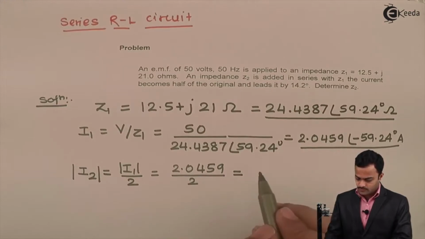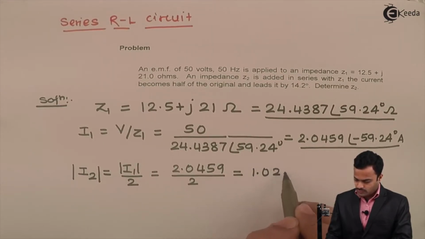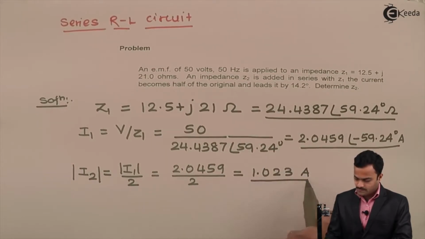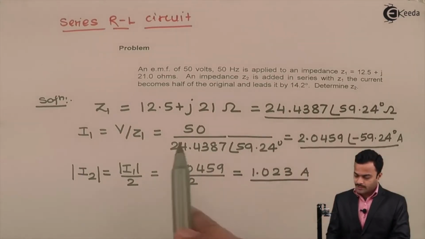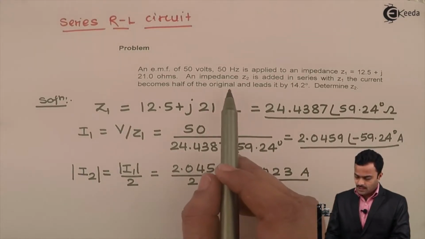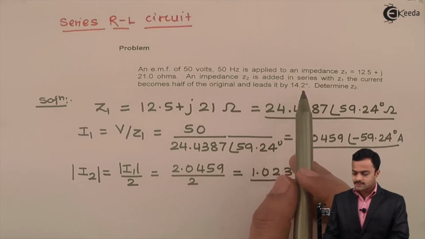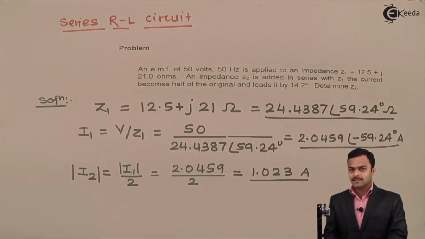So that is equal to 1.023 ampere. What else is happening? Magnitude becomes half and it leads the original current by 14.2 degree.